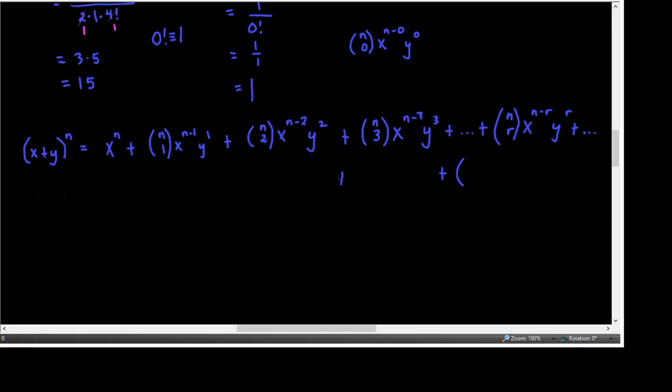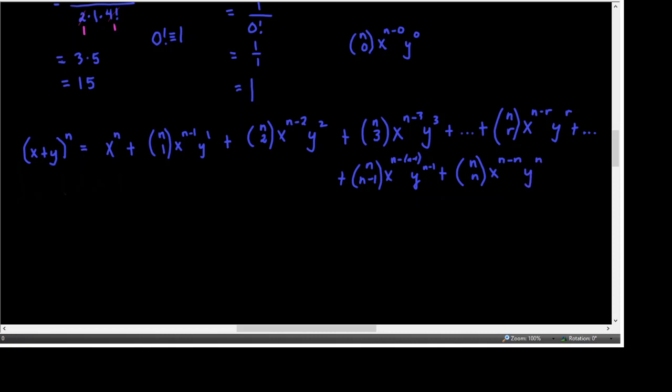The penultimate one is n choose n minus 1, x to the n minus n minus 1, y to the n minus 1, plus n choose n, this is the last one, x to the n minus n, y to the nth.